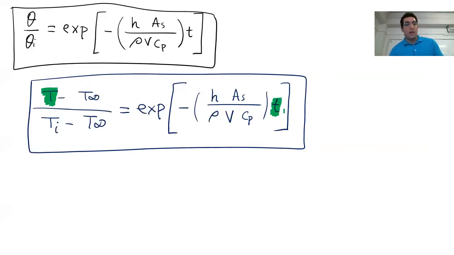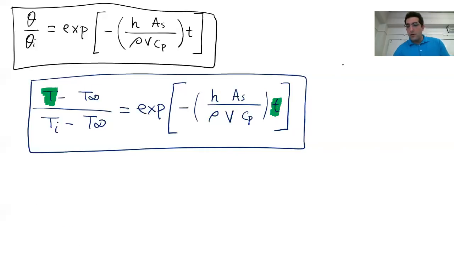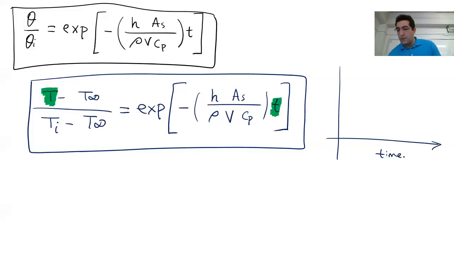This way, I should be able to plot the temperature distribution versus time. So if this is temperature, if this is time, as soon as I drop that hot object into the liquid, initially it's at Ti, which is really hot, and minimum temperature, which is the temperature of liquid, is T infinity, right?